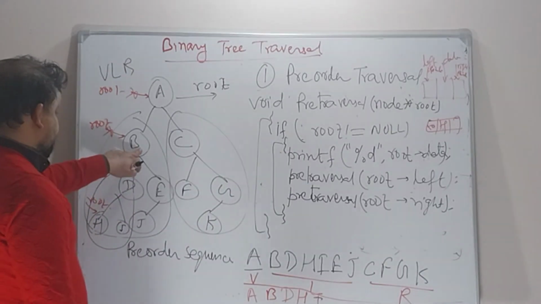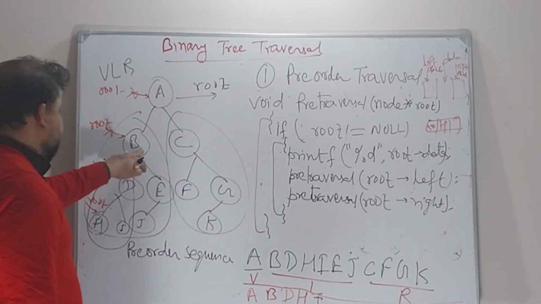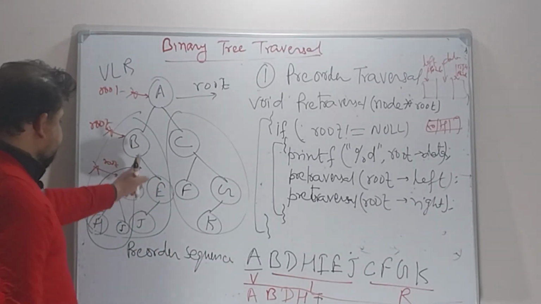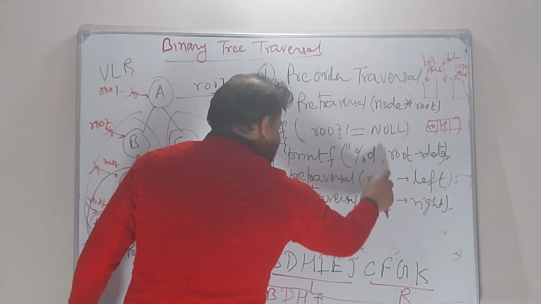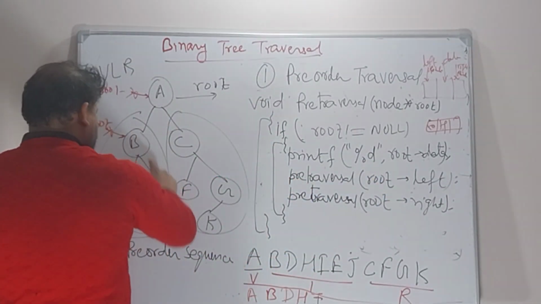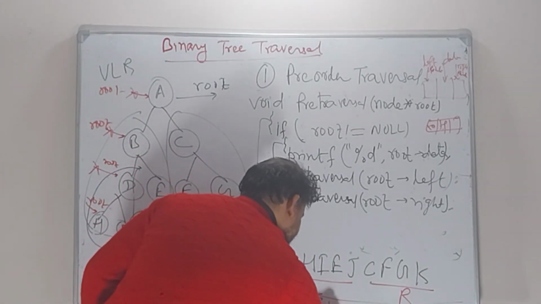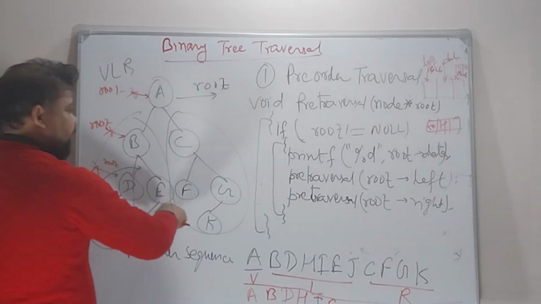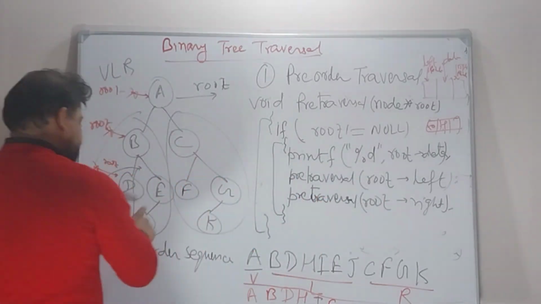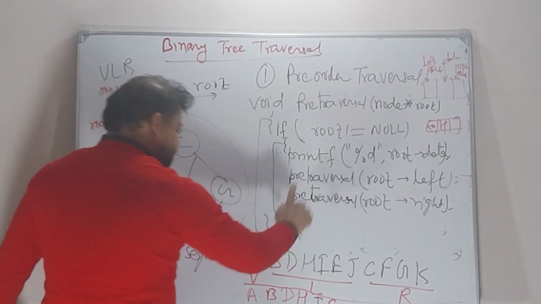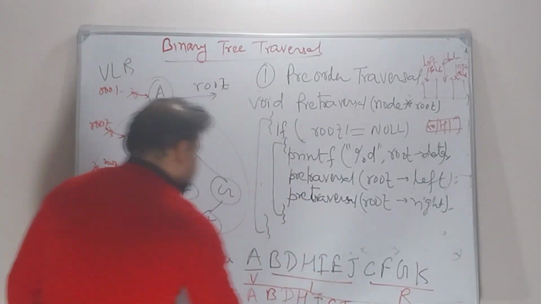Now from this level it will go to the top level. Here the left part is completed, so it will go to the right side. These two have been completed, so it will go to the root right. In the right, data will be printed once again, that will be e, and then it will go to root left. In the root left, that is j, so it will go and check root data. j is not null, so j will be printed.